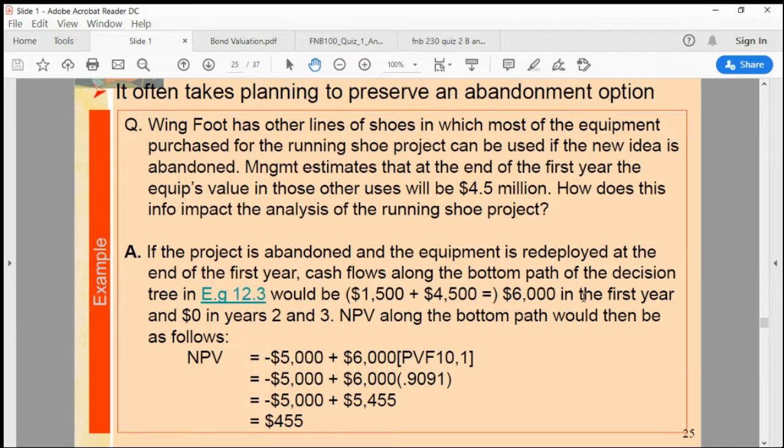Okay, so in other words, there is a 40% probability it will flop, right? I mean, that's the bottom path of the bottom branch of the tree diagram.